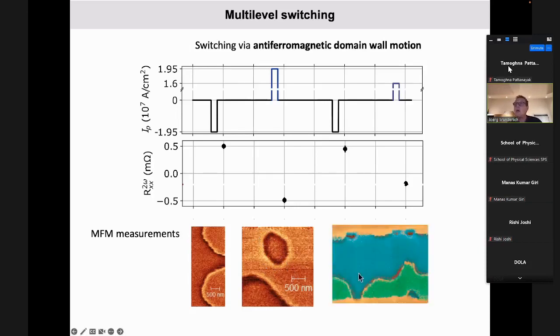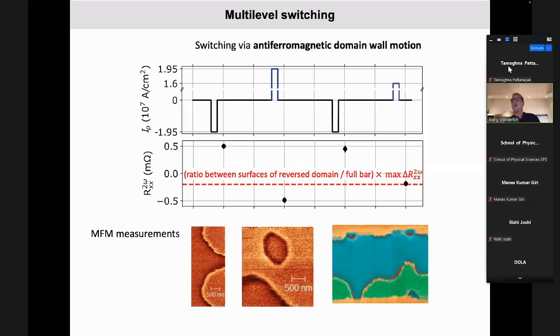If you count the area which has reversed and divide by the area which hasn't reversed, shown here in green and blue colors, this ratio gives you exactly the signal you are measuring. So indeed, this partly reversed domain structure is the origin of our memristor behavior.